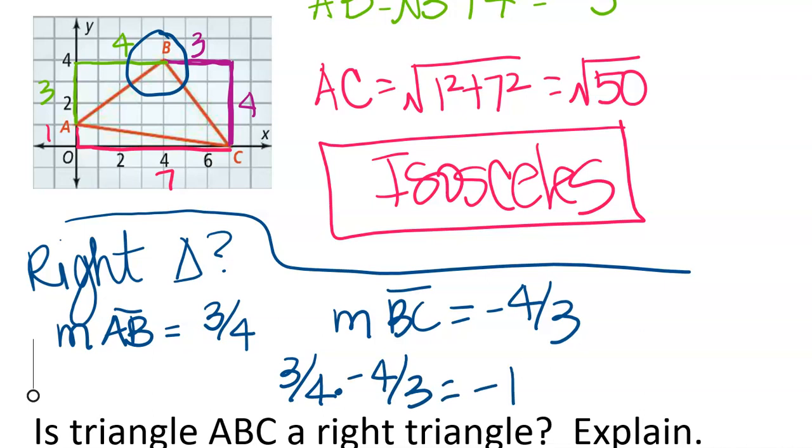And it does equal -1, so yes, right triangle. Now, if you got something like 8/7, that doesn't equal -1, so then it would not be a right angle. So this one is an isosceles right triangle.